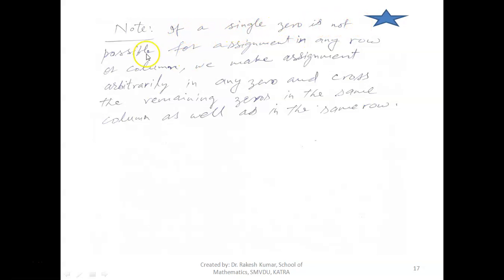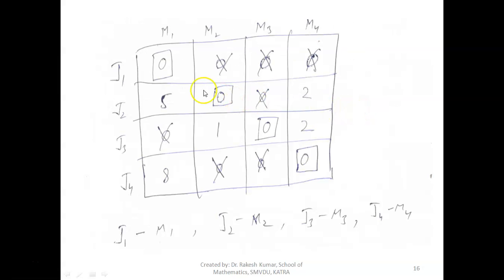If a single zero is not possible for assignment in any row or column, we make the assignment arbitrarily in any row and cross the remaining zeros in the same column as well as in the same row. So if I do this arbitrary assignment here, then I cross all the zeros in the row and column to which this zero corresponds. So these are crossed, and this zero is also crossed.